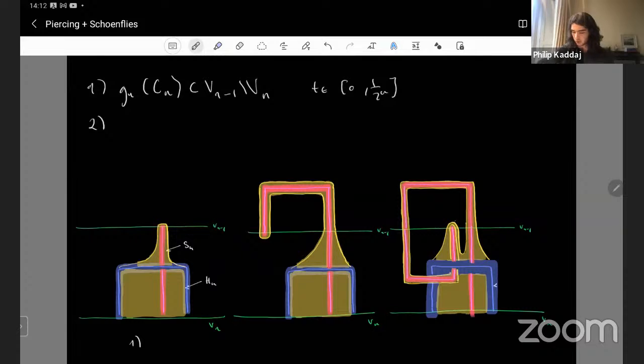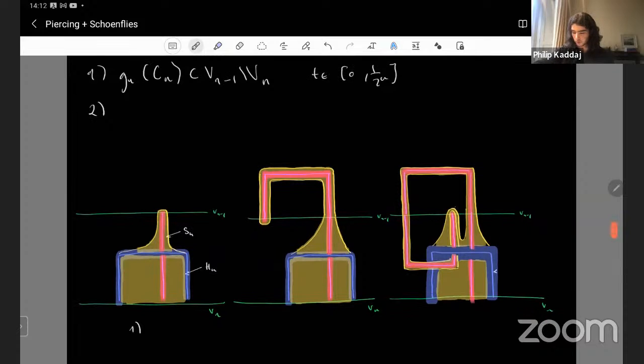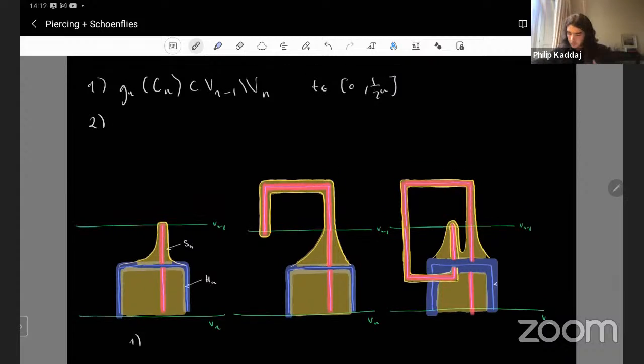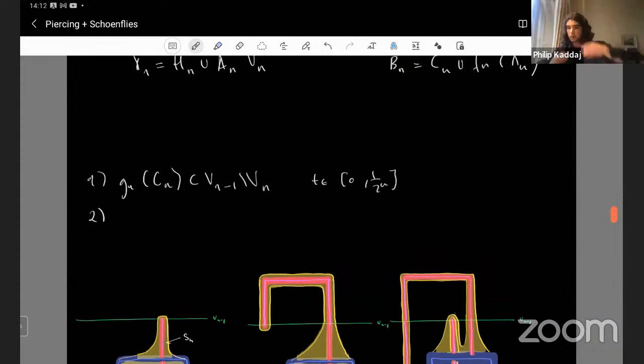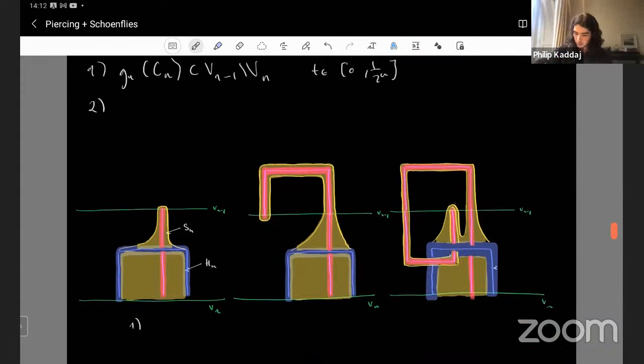So this is picture number 1. So we protrude this, and the arc An is the red segment. It kind of goes along. So Cn forms a sort of hat, and then we extend it. So this was Hn minus 1.